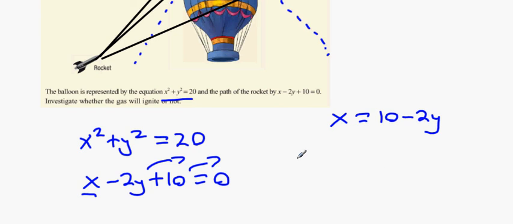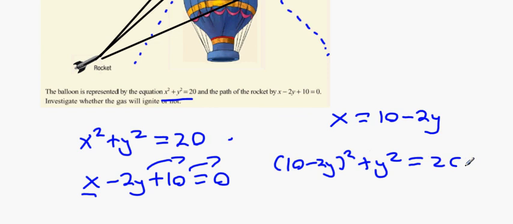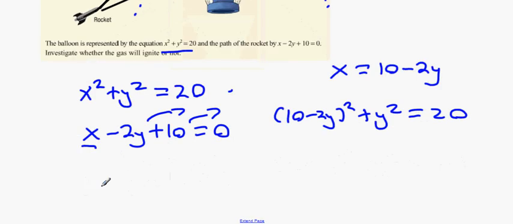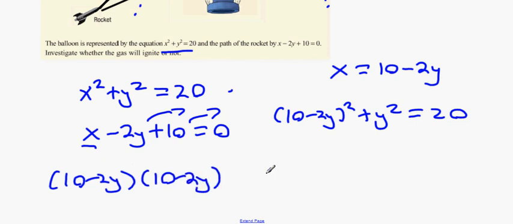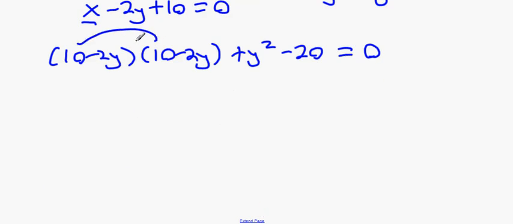Then once I get that, I can replace x in the quadratic equation with (10 minus 2y) squared plus y squared equals 20. I'm going to square this out. We're going to get (10 minus 2y)(10 minus 2y) plus y squared. Bring the 20 over the other side, minus 20 equals 0. Next is multiply it out.